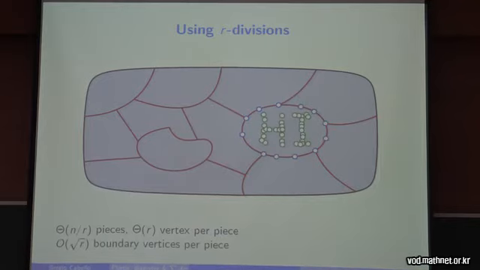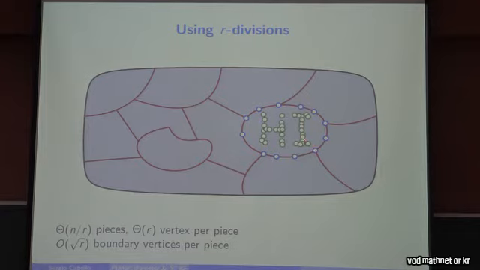And then the property that you have is that each piece has a few boundary vertices. So what is a boundary vertex? So this is actually a topological drawing. So you can assume that the planar graph is embedded in the plane, and then whenever you take a piece, you have the vertices that participate in more than one piece. Okay, so here in principle, I'm having this vertex that belongs to this piece and to the piece below.